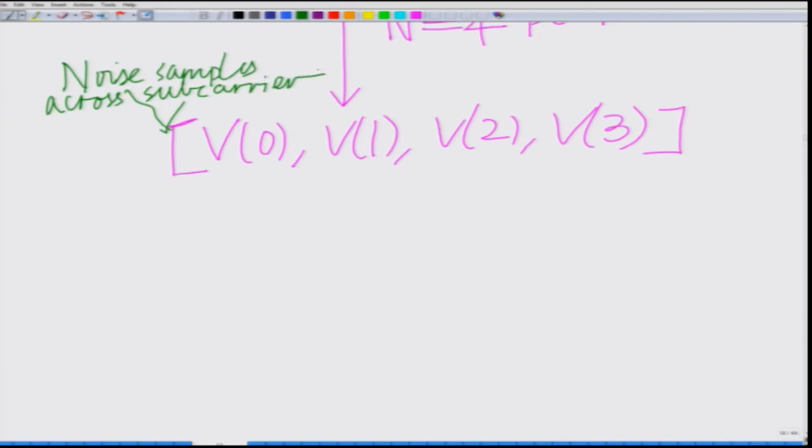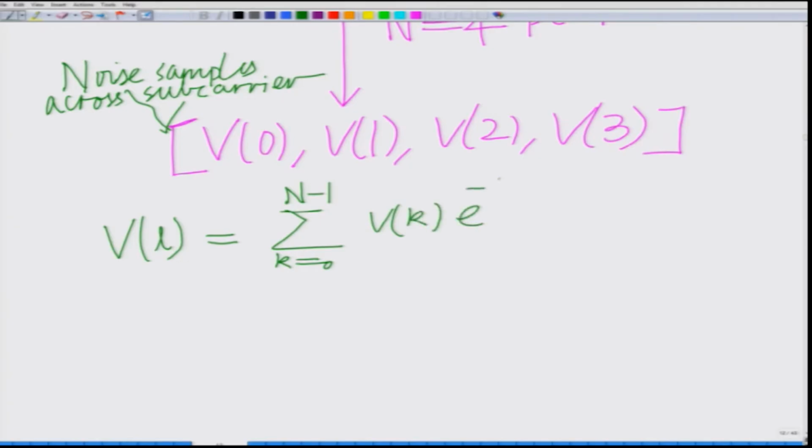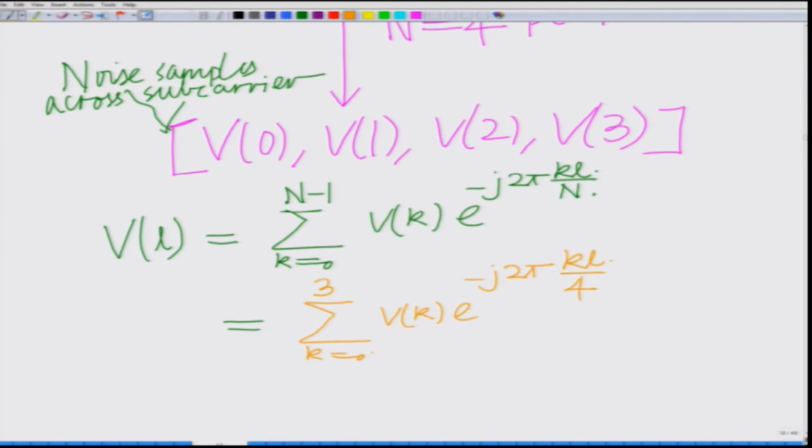These are the noise samples across the subcarrier, and of course, we have V of L, which is given by the FFT, that is summation k equal to 0 to n minus 1 of small v k, which is the noise sample, e raised to minus j 2 pi k L divided by n. Substitute n equal to 4, and what you have is summation k equal to 0 to 3 of small v k e raised to minus j 2 pi k L divided by 4.